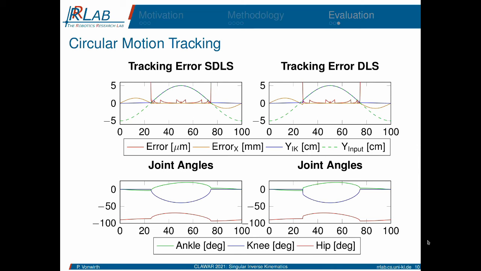And you can see at around 30% there is a step in the joint angles, because there the robot is going out of the singular position, which is not covered in this original approach, only if the error is big enough and there is some big enough angle in between.